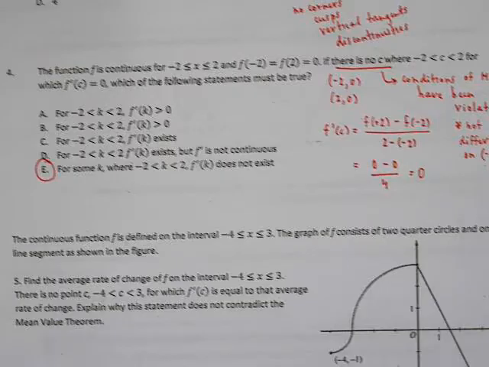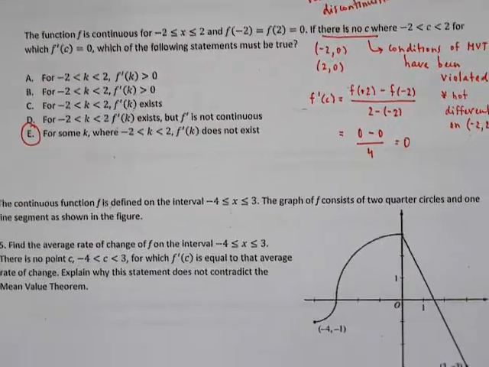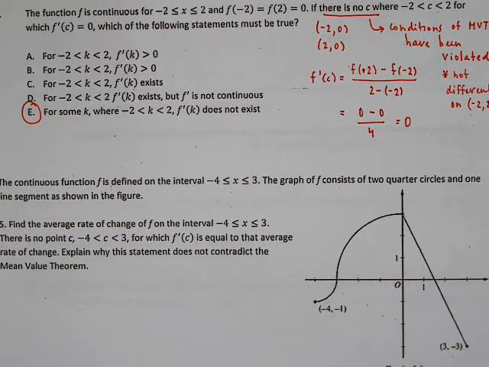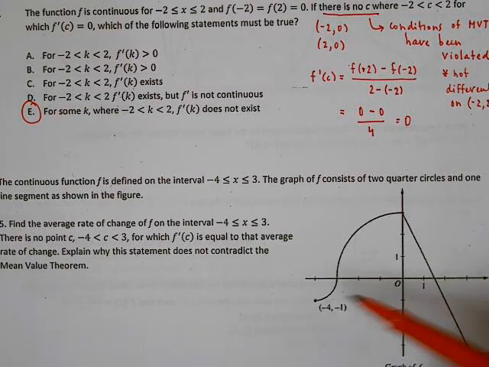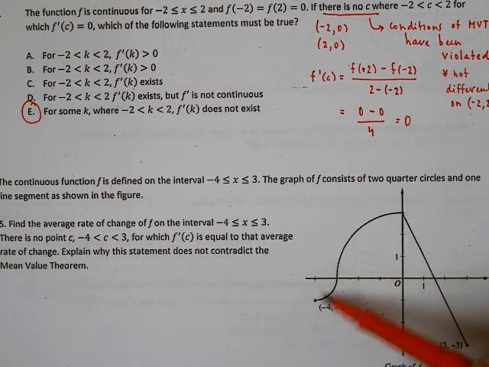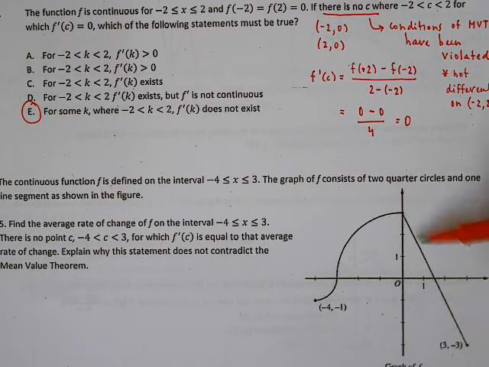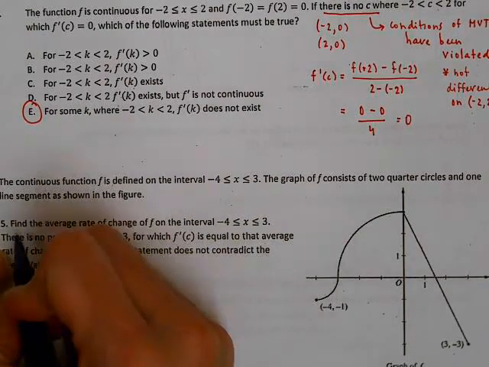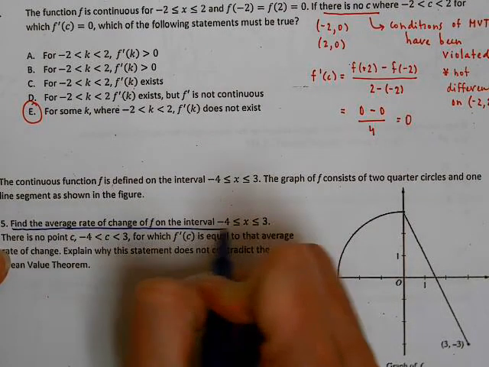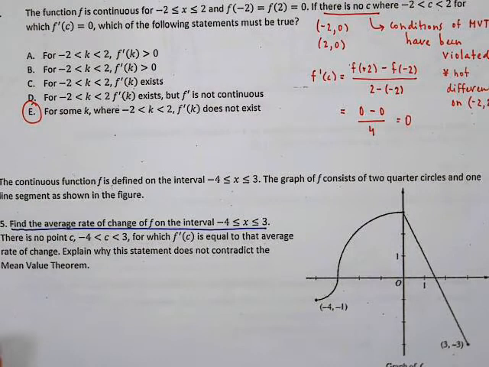Okay, one last problem. So this says the continuous function f is defined on the interval from -4 to 3. The graph of f has 2 quarter circles, and then one line segment. So first thing, it asks us to find the average rate of change on the interval from -4 to 3.